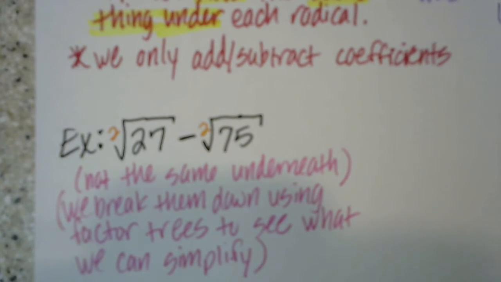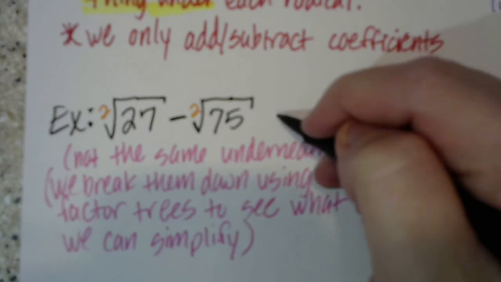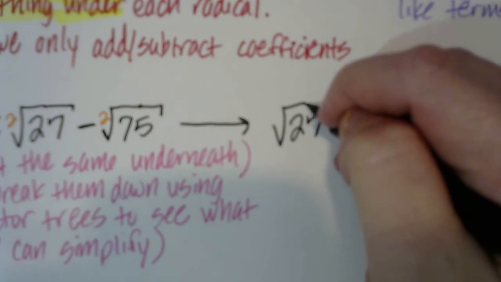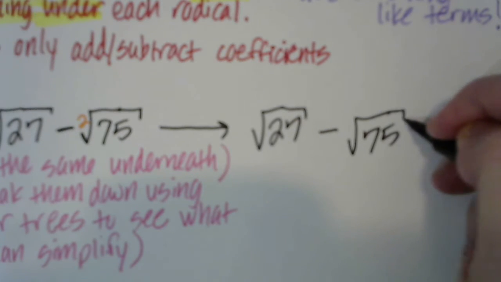The only way I'm going to be able to move forward here is if I can simplify and get the same thing under those radicals. So I'm going to kind of draw an arrow over here. Square root of 27 minus square root of 75.